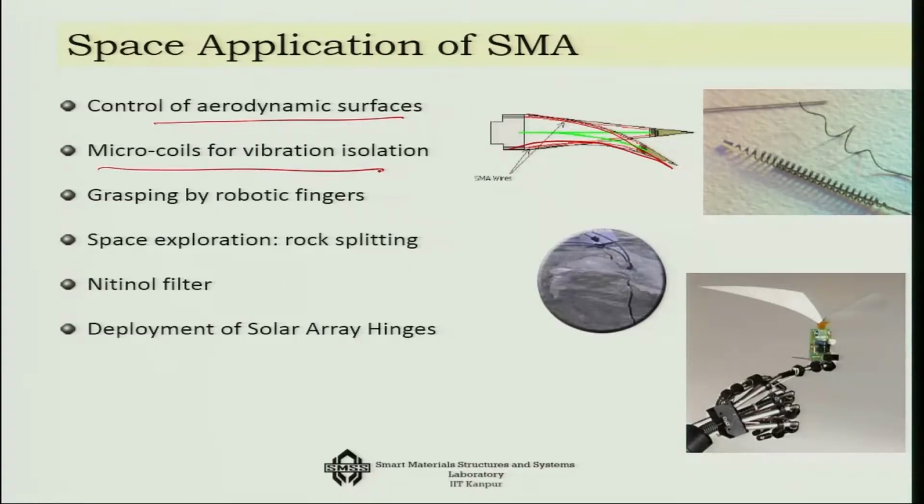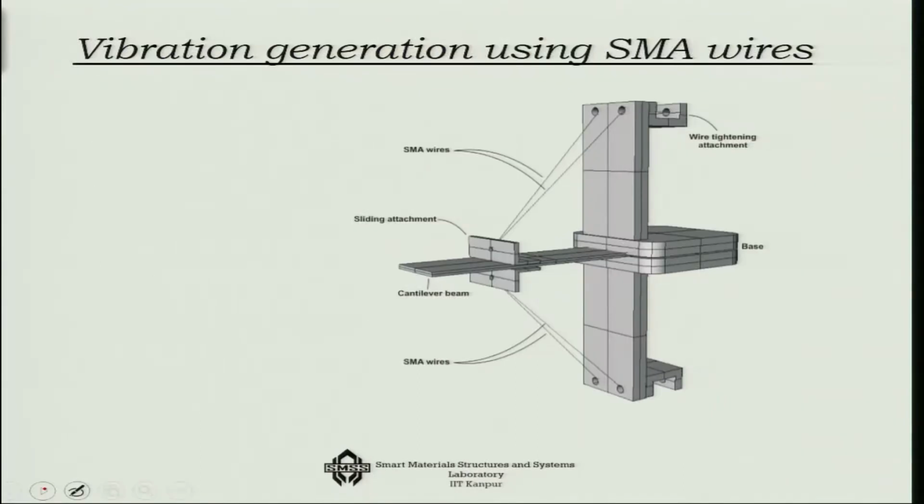Microcoils for vibration isolation, or grasping by robotic fingers, that is also done. Space exploration or rockets, rock splitting. Then development of nitinol filters or deployment of solar array hinges.